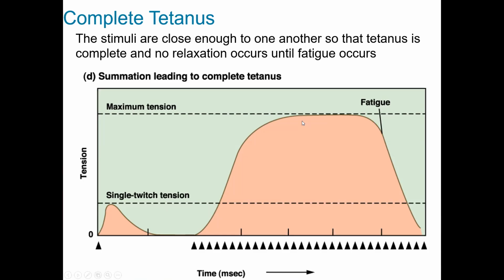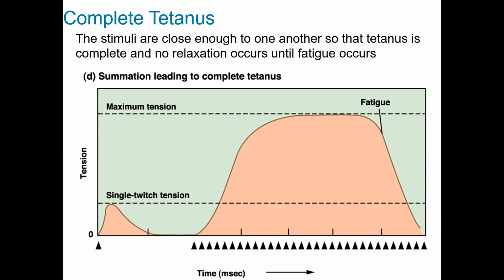The stimulations are occurring so rapidly, the muscle cell is not relaxing at all. And so we now have a smooth curve with no dip for relaxation at all. And so we've maxed out the amount of tension that we can produce.